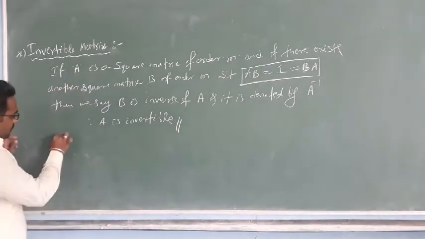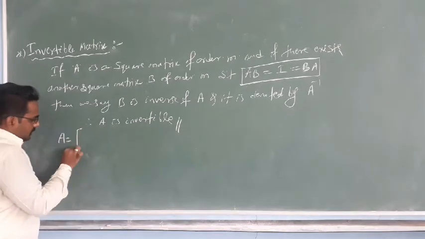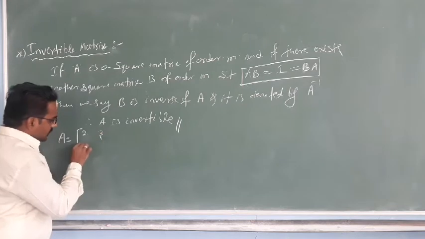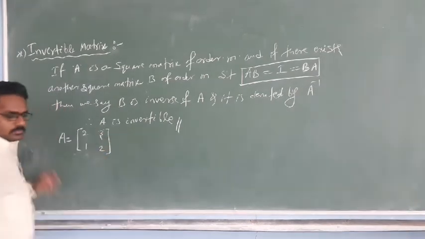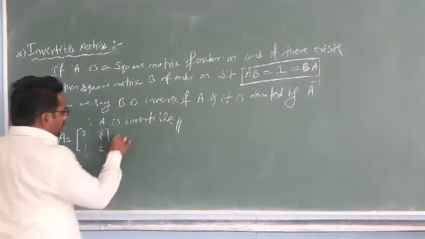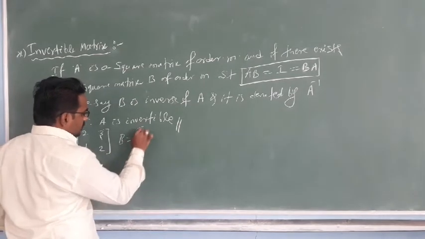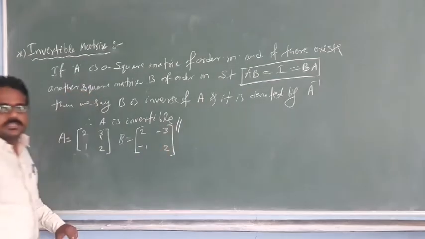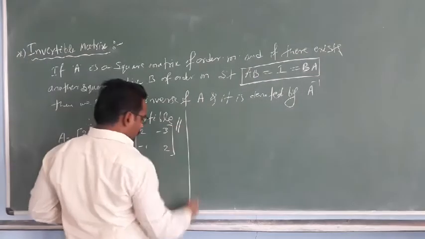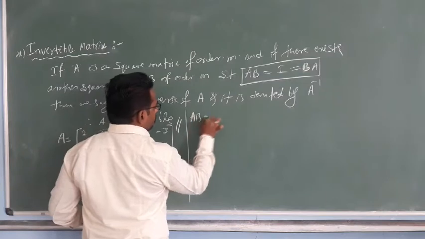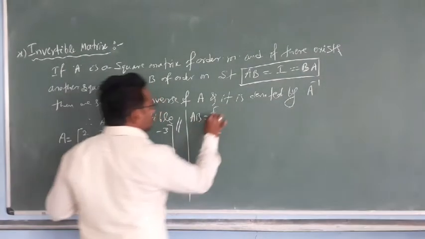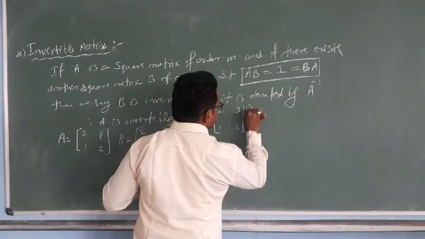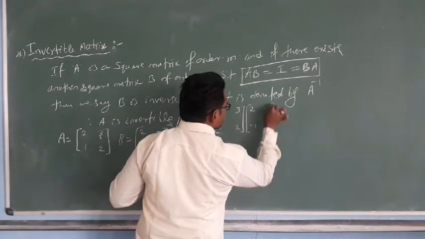For example, A equals a 2 by 2 matrix, that is 2, 3, 1, 2, and B is the matrix of the same order, 2, minus 3, minus 1, 2. So just see the product AB now. A is 2, 3, 1, 2, and B is 2, minus 3, minus 1, 2.